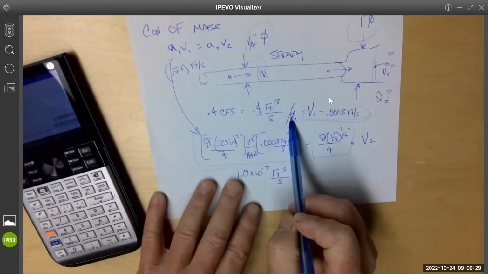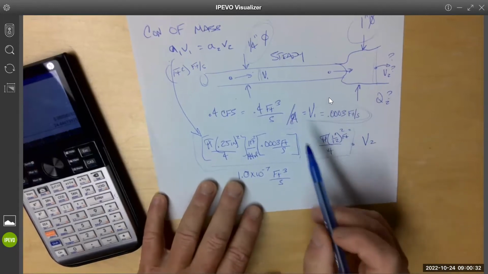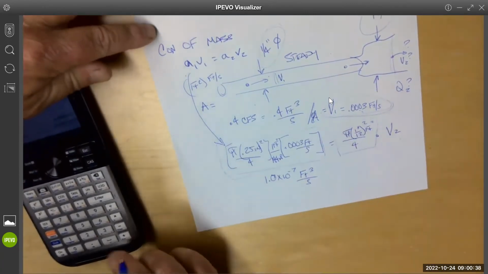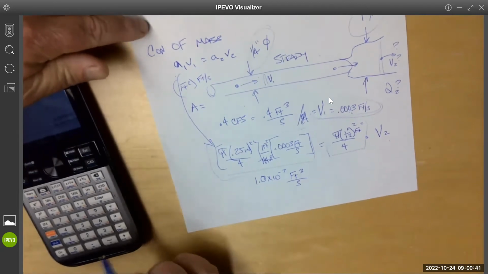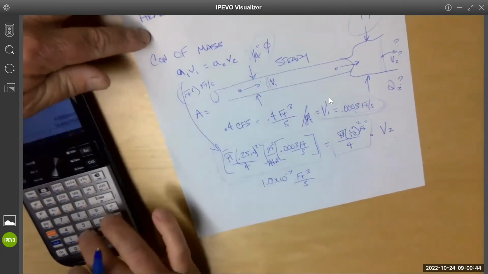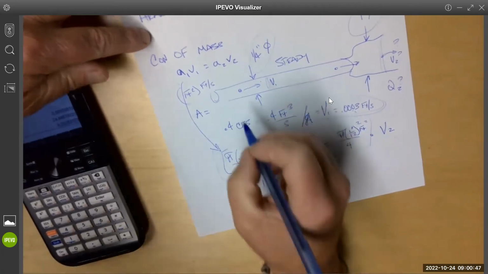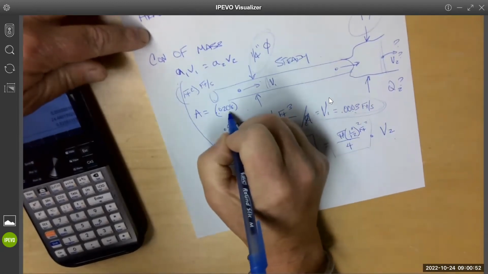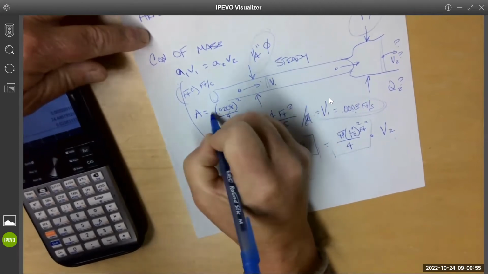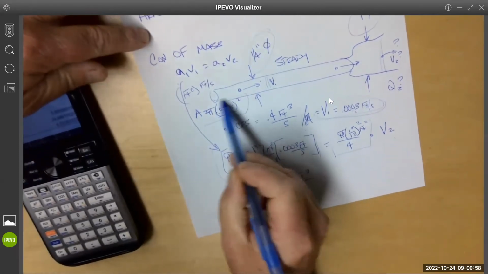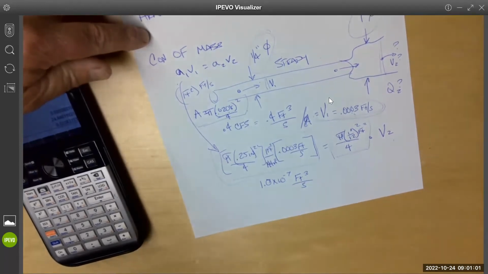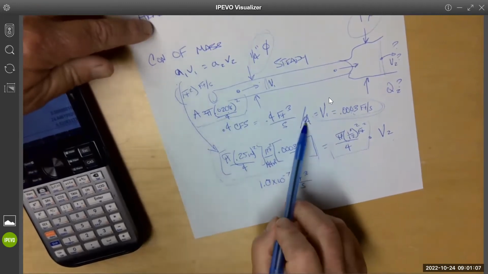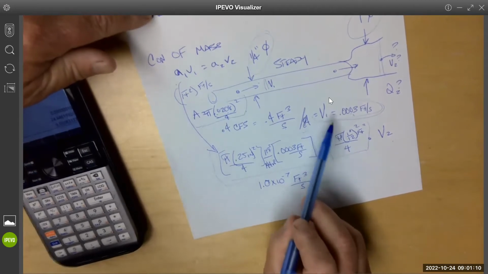Right, and that whole area is going to be the pi. So this area is going to be 0.25 divided by 12. So that's 0.0208, right? That's the diameter in feet squared over 4 and pi. So that's the area. That's going to be a small number. The area is going to be really small, and we're dividing by the area, not multiplying. So this velocity goes up big time.